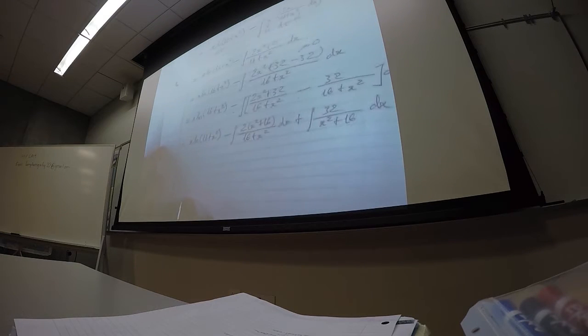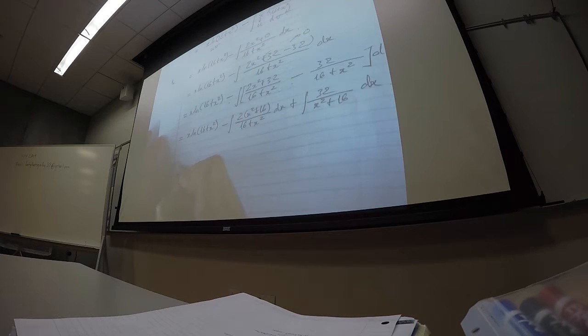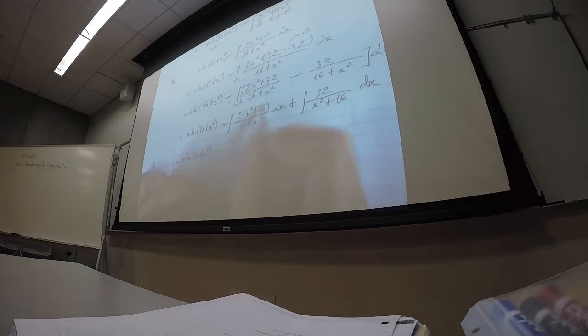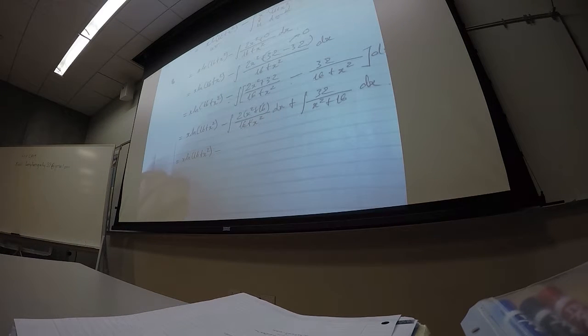That equals x ln 16 plus x squared minus, this cancels, right? So it's 2. So what is the antiderivative of 2 dx? 2x, right?